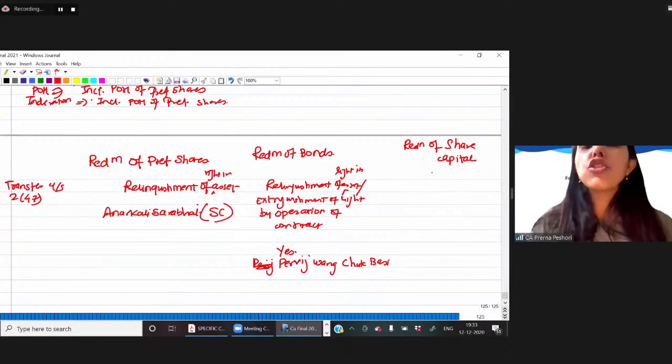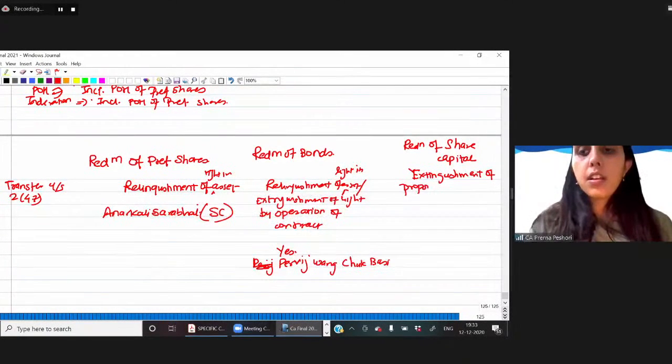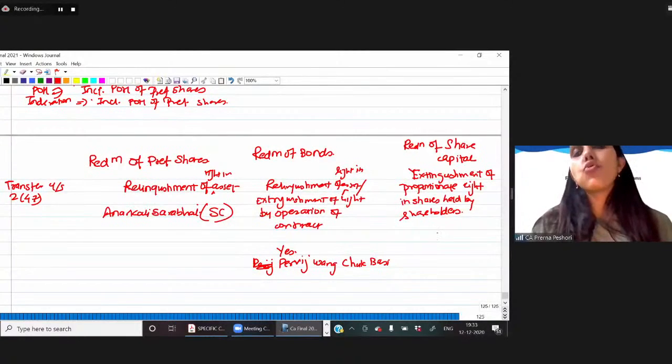Again, reduction of share capital is resulting in extinguishment of proportionate right in share held by shareholders. Right? So even this will be considered as transfer.